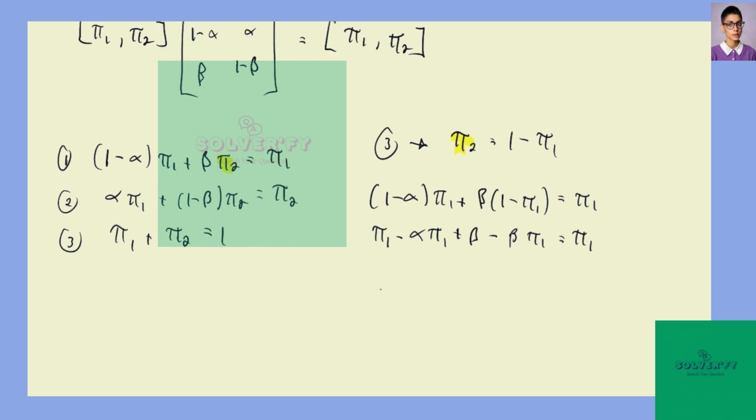And then collecting like terms and rearranging, we get and now if we substitute this expression of pi sub 1 into this equation, we get the value for pi sub 2 in terms of alpha and beta.